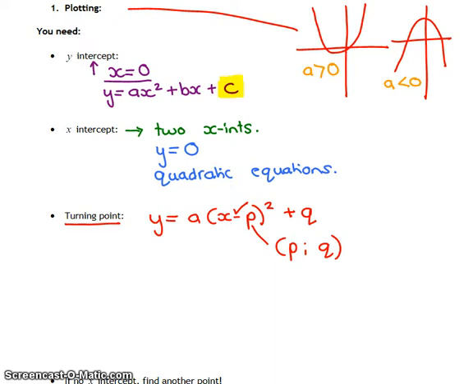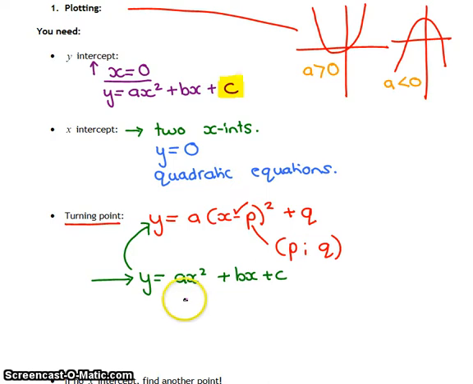If it's not given to you in that form, if it's given to you in ax squared plus bx plus c, or if it's given to you in any other format, for example, the x-intercept format, you would need to multiply it out and get your standard equation. You can then, as we've said before, complete the square.